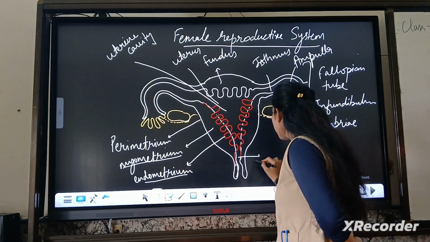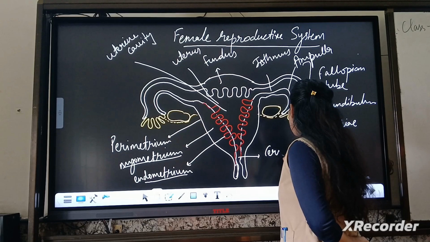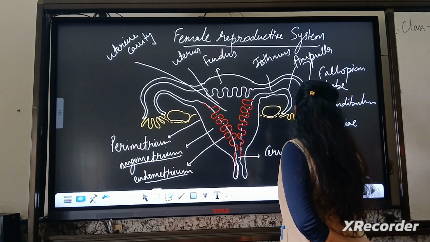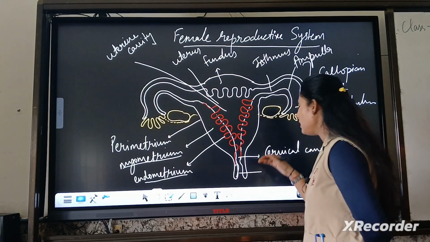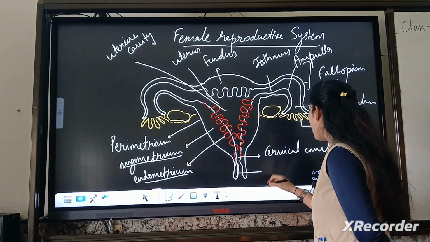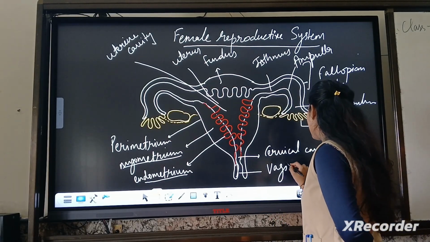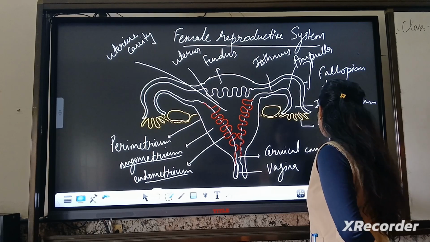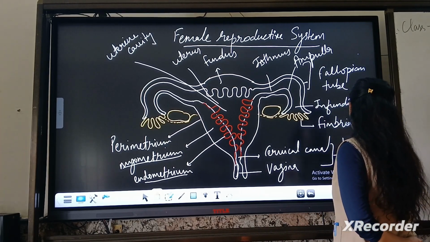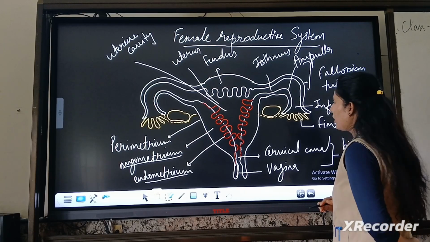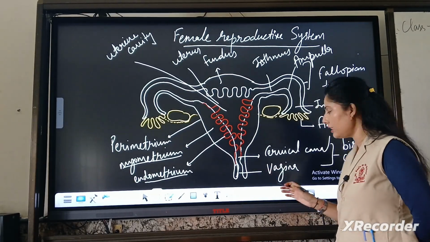Here a canal is present, which we call the cervical canal, and this cervical canal moves downward and outside into the vagina. These two canals together form the birth canal.